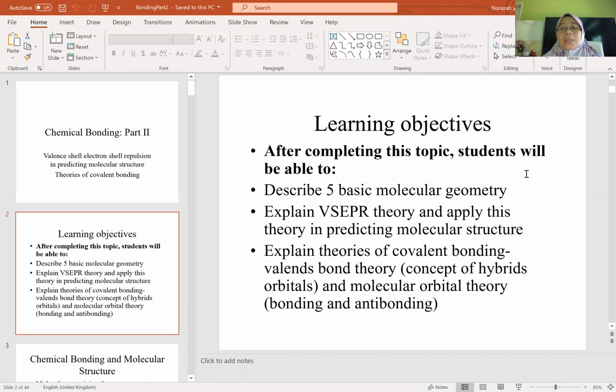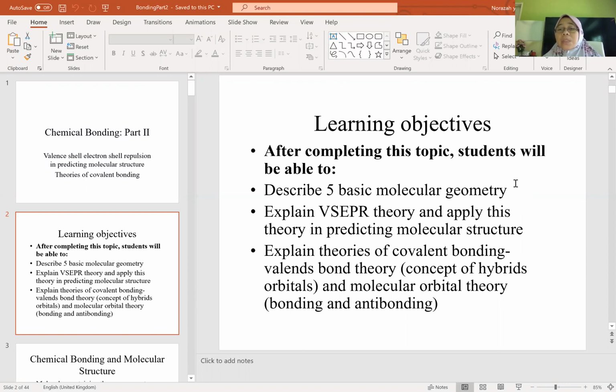So in this topic, bonding part 2, the learning objective is to describe 5 basic molecular geometry. Okay, we have learned about 2D structure by using Lewis structure, that is 2D.